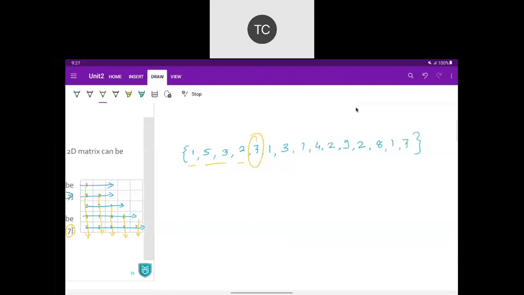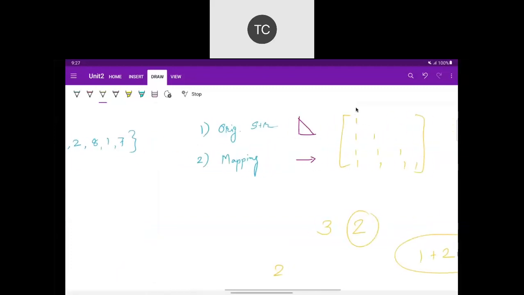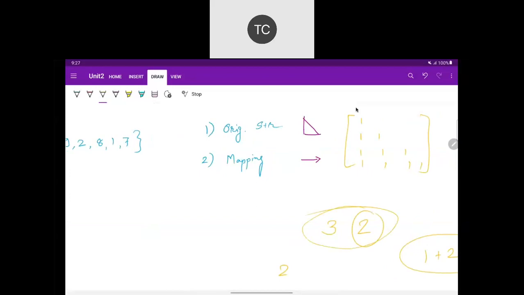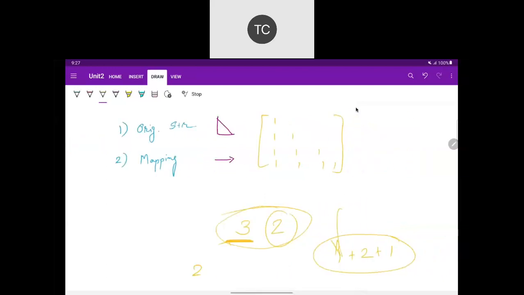Write iterative loop. Okay. If you want 3-2, then write iterative loop for number of rows. और हर बार आप क्या करोगे? 1 plus 2 plus 3, वो लूप जितनी बार चलेगी उतनी बार 1 plus 2 plus 3 plus 4 plus 5 plus 6 करते जाओगे.